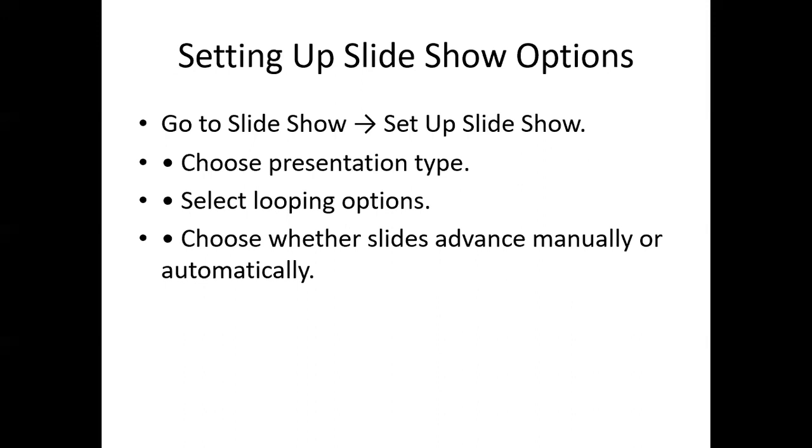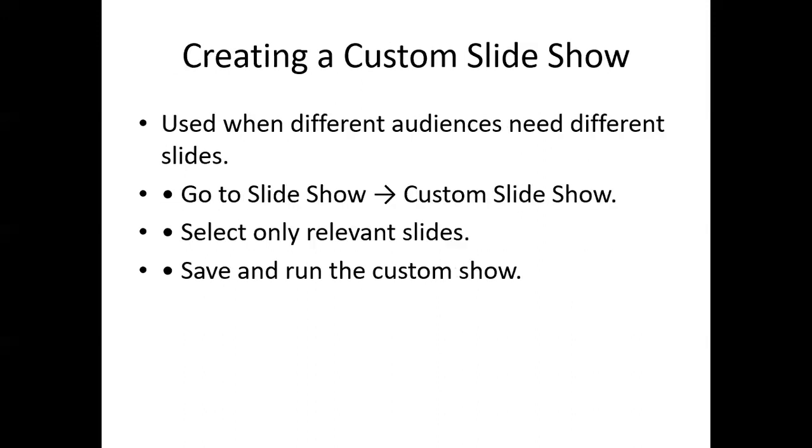So you will notice that we have the setting up slideshow option. That's where we are now. Okay, so we have creating a custom slideshow. So let's see what happened. We are still in creating a custom slideshow.